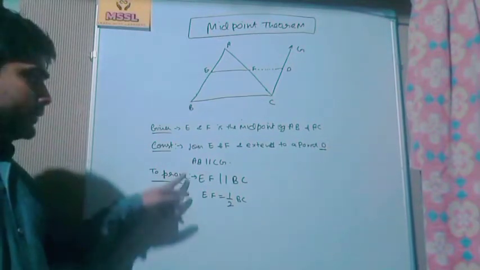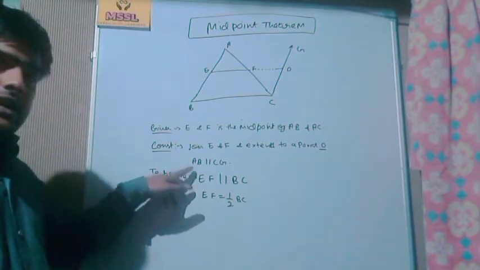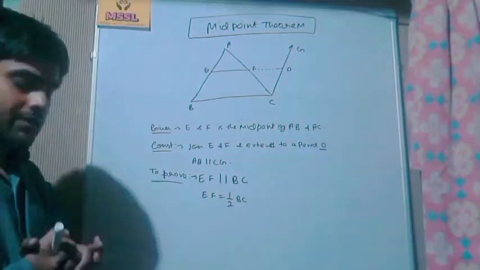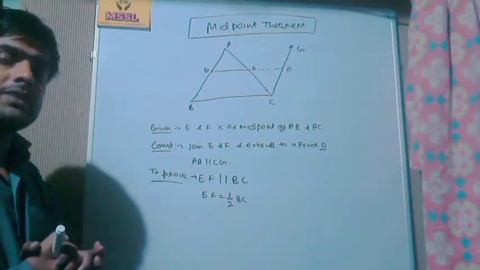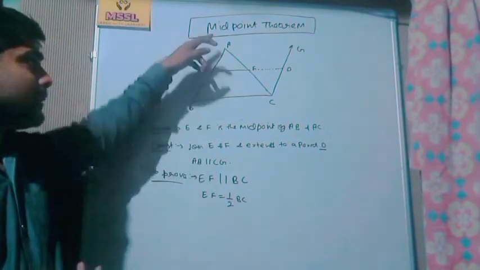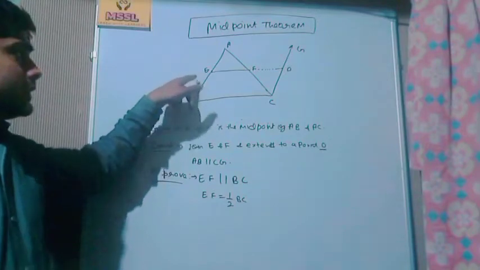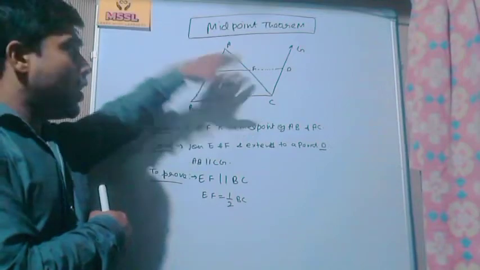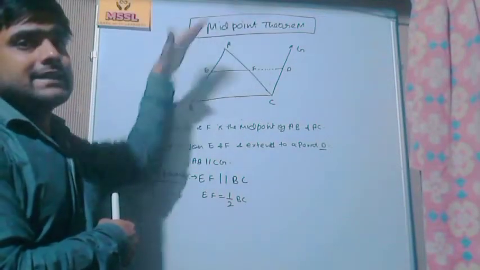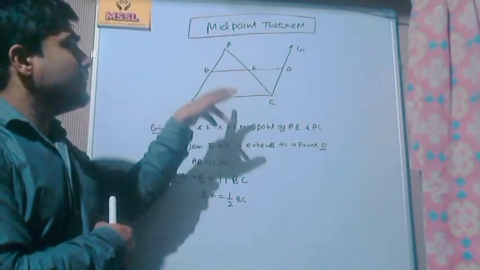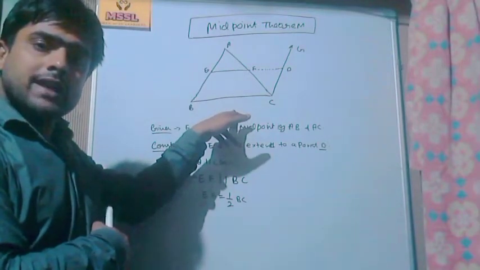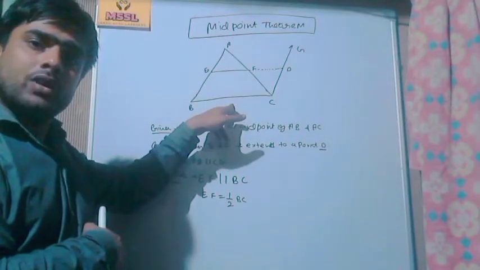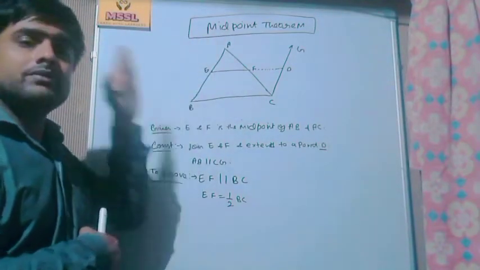If these two conditions are satisfied, we can say that it's the midpoint theorem. The statement of the midpoint theorem is: the line segment joining the midpoints of two adjacent sides is parallel to the third side and half of the third side. This is what the midpoint theorem says.